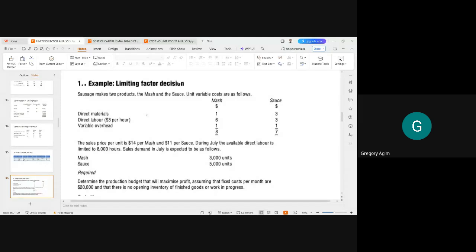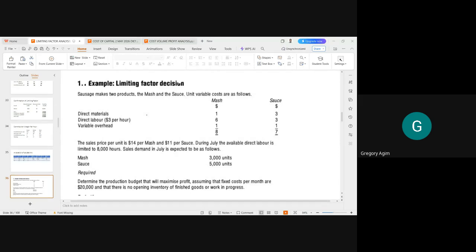The sales price per unit is $8 per mash and $11 per sauce. During July, the available direct labor is limited to 8,000 hours.